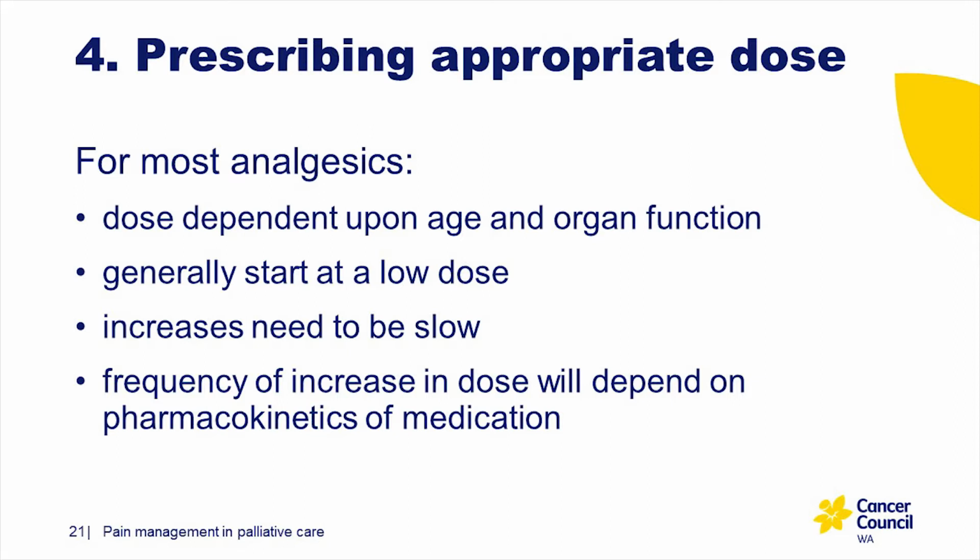If their organs aren't working so well, then we also may need to reduce the dose and also increase the dosing interval. So always we start at a low dose and we titrate that up by monitoring the patient's pain, monitoring how they're saying that their pain is being affected by the dose, and also looking for adverse effects.